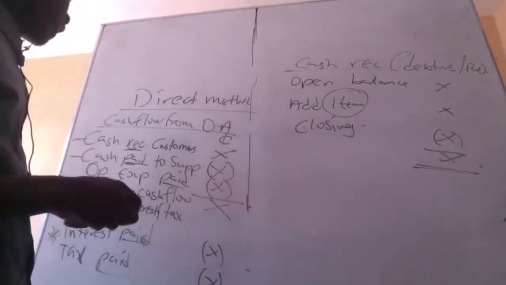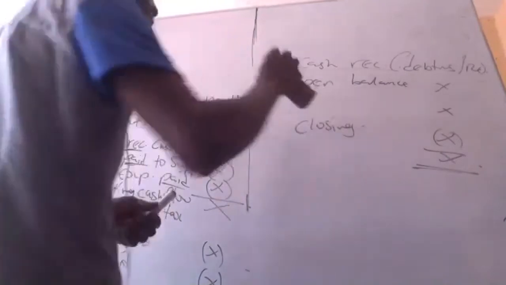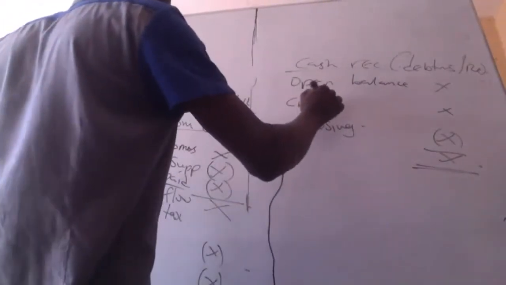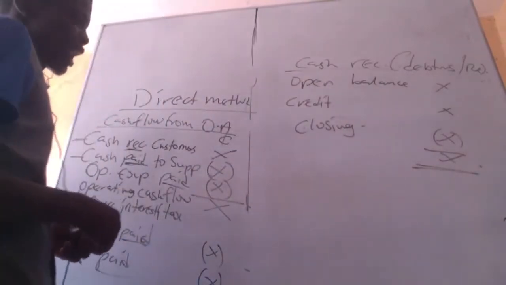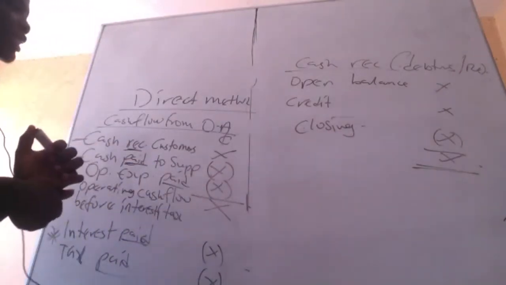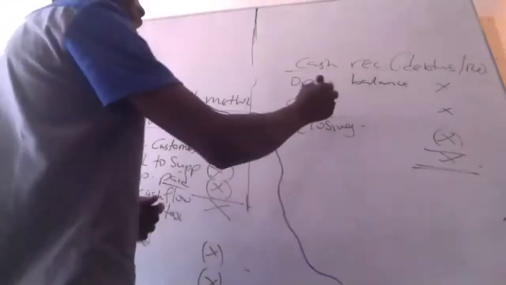Yes, when you sell on credit. Good. So bring the credit sales. Here the item is credit sales. If there's cash sales in your question, after getting your answer, you add it to get the total cash received from customers. Or you can pick your total sales here.